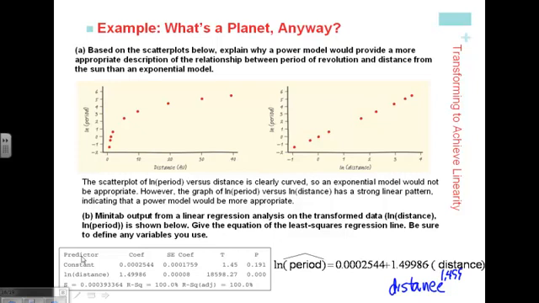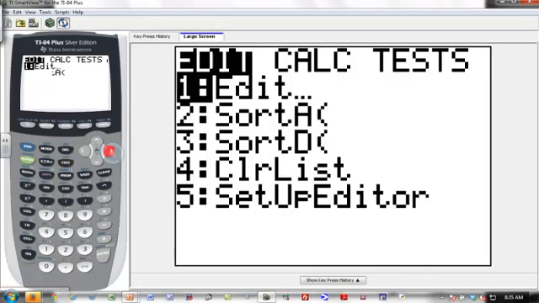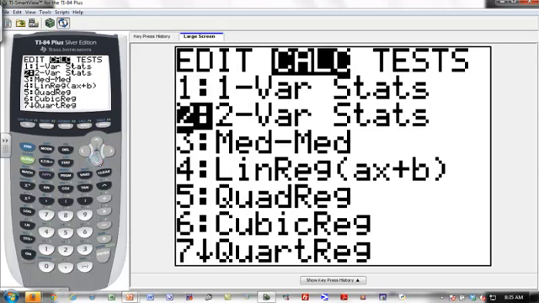Now, I finished off the exponential stuff with saying, here's what the College Board expects of you, but here's what TI gives you for free. The calculator will actually find the power model for you. You just have to know where to look.